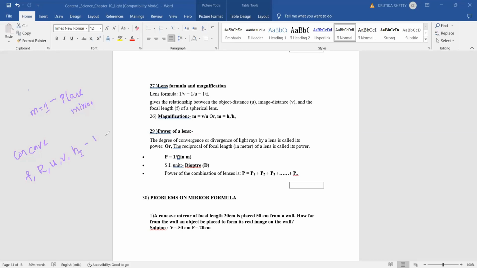So all these come as negative, remember. For the concave mirror, I am telling you. Focal length, radius of curvature, object distance, image distance, and the height of the image, all are negative for real and inverted image. Take down this.